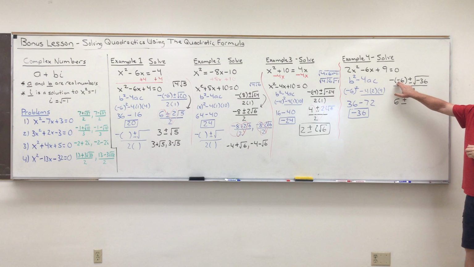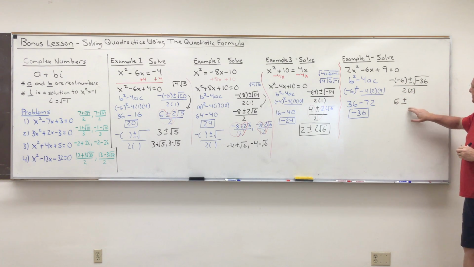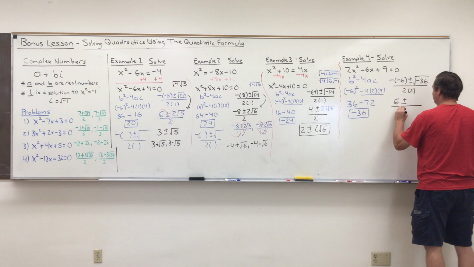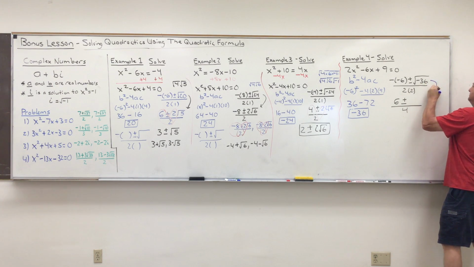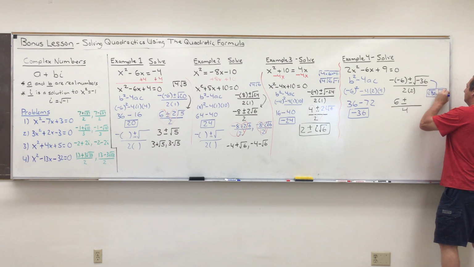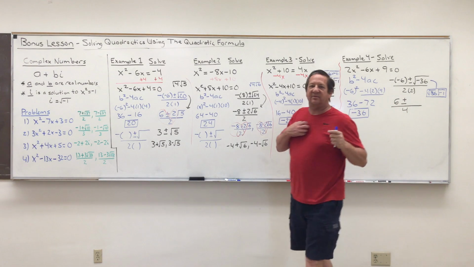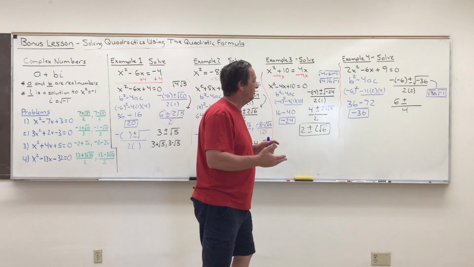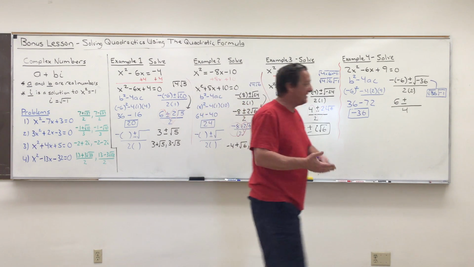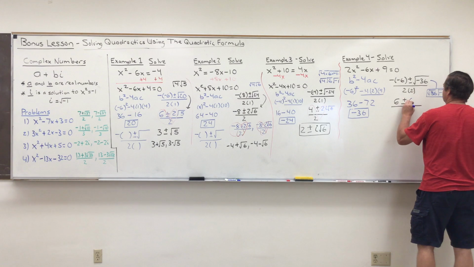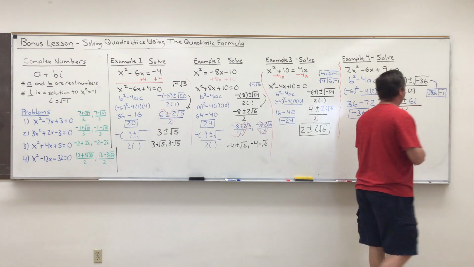I get 6 plus or minus, I'm going to do the 4, and the square root of negative 36 would be broken up into square root of 36 times negative 1, which is simply 6i.